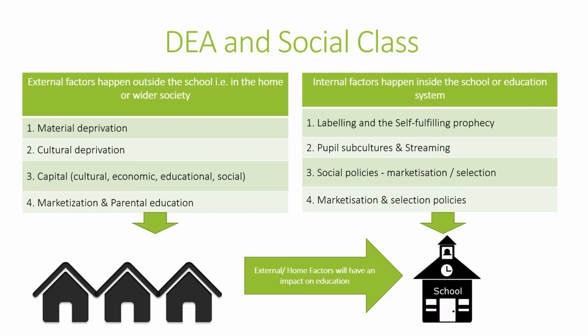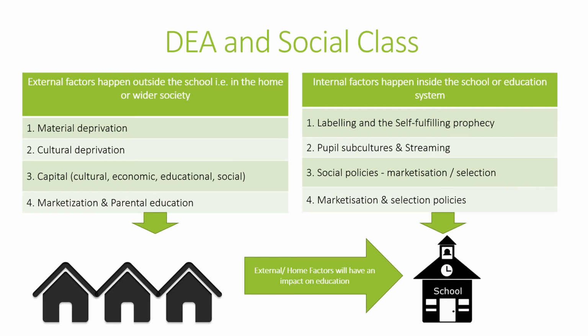So when it comes to class on its own, outside of school, we've got material deprivation, cultural deprivation, cultural capital or capitals, and what Bourdieu referred to as habitus, and then marketisation policies. So lacking money, lacking norms, values and skills, or awareness of cultural values. Cultural capital, or the habitus, would be lacking money, educational qualifications, social contacts and knowledge.